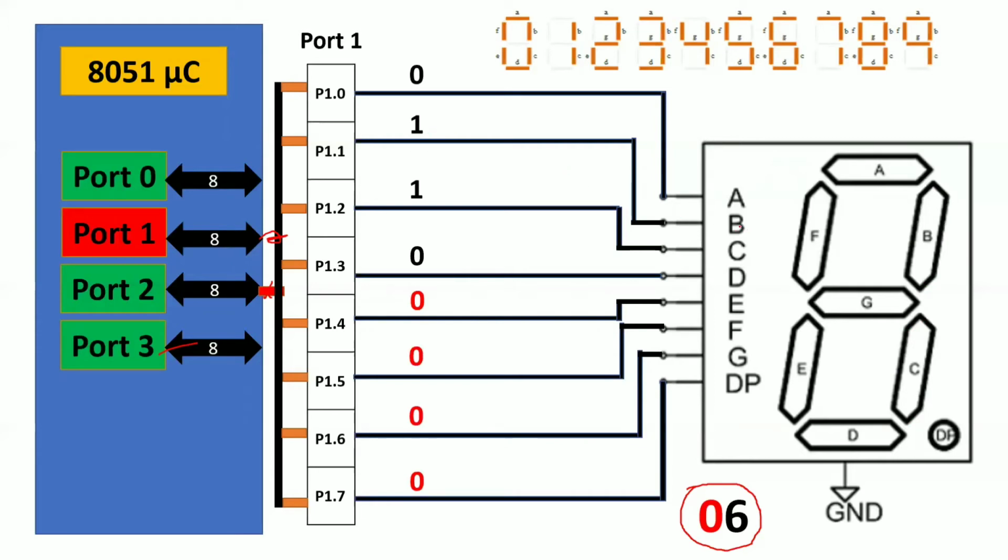Which pins are activated? B and C. If 1 is given to B and C, the remaining digits are all 0, so the remaining pins are not activated. Now B and C get activated, and you can see exactly 1 we got.